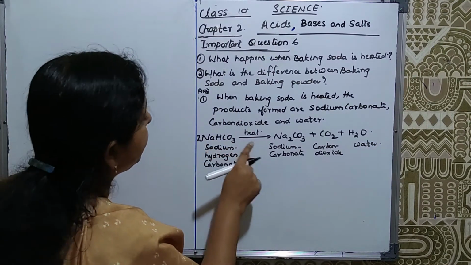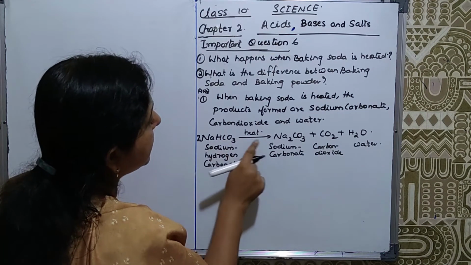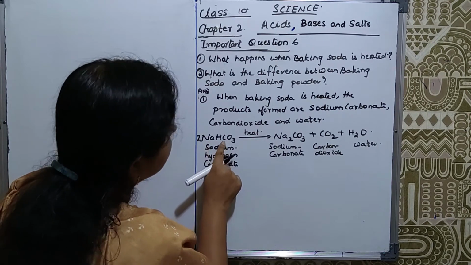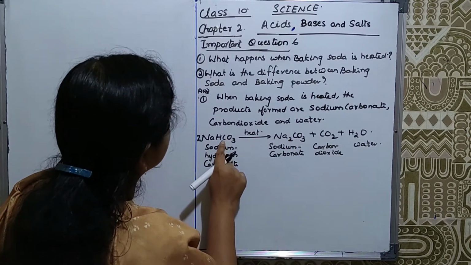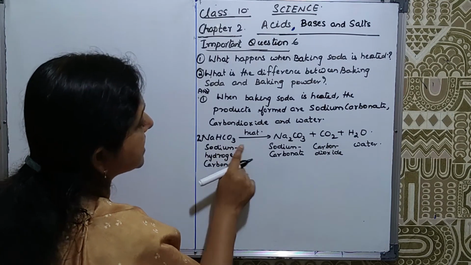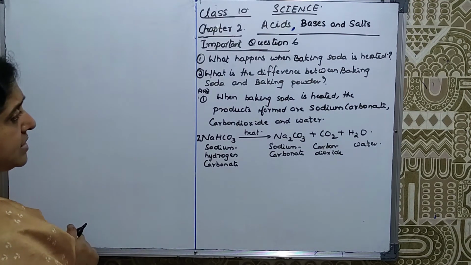So 2 sodium, 2 hydrogen, 1 carbon here; in carbon dioxide, 2 carbons, 2 carbons on the left side, 2 carbons on the right side. Oxygen: 3 twos are 6, so 3 plus 2 is 5, plus 1 is 6, so it is balanced.